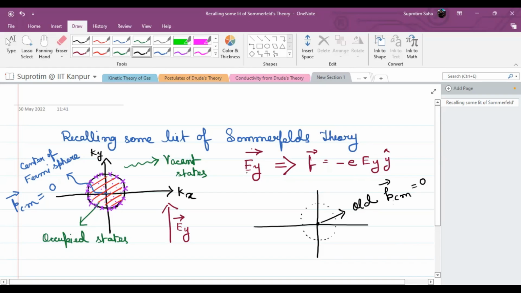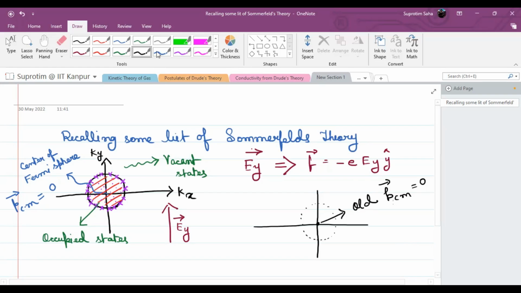So what will happen is that the electrons will start to move because of this force. They'll feel the Lorentz force. Accordingly, the Fermi sphere will move along with it because the Fermi sphere defines the occupancy of the electrons in the energy levels. Their energy levels will change also because you have applied a force, and accordingly the momentum will change, and momentum is related to energy.